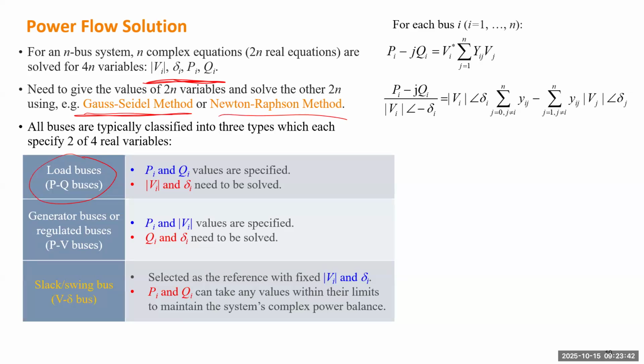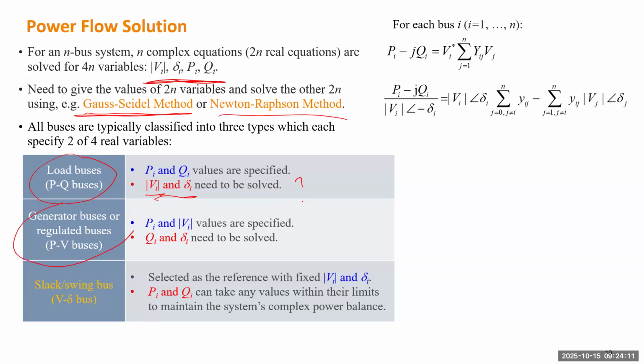Load buses means for a substation, we know the power and also the power factor, which means we know P and Q. But we don't know the voltage magnitude and angle. So voltage magnitude may change with the system condition, and angle may also oscillate. We allow those 2 to vary, but those will be the two values we need to calculate or determine for that type of buses.